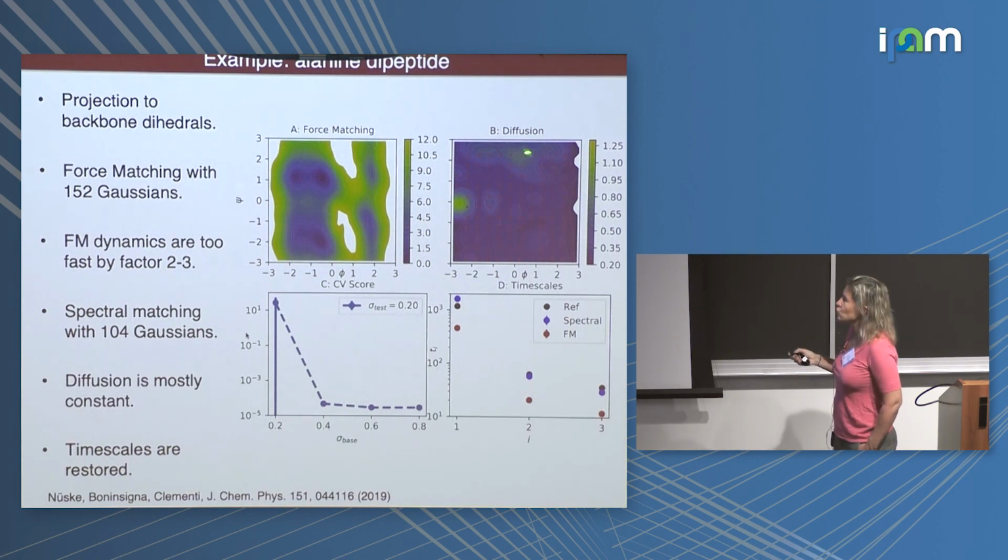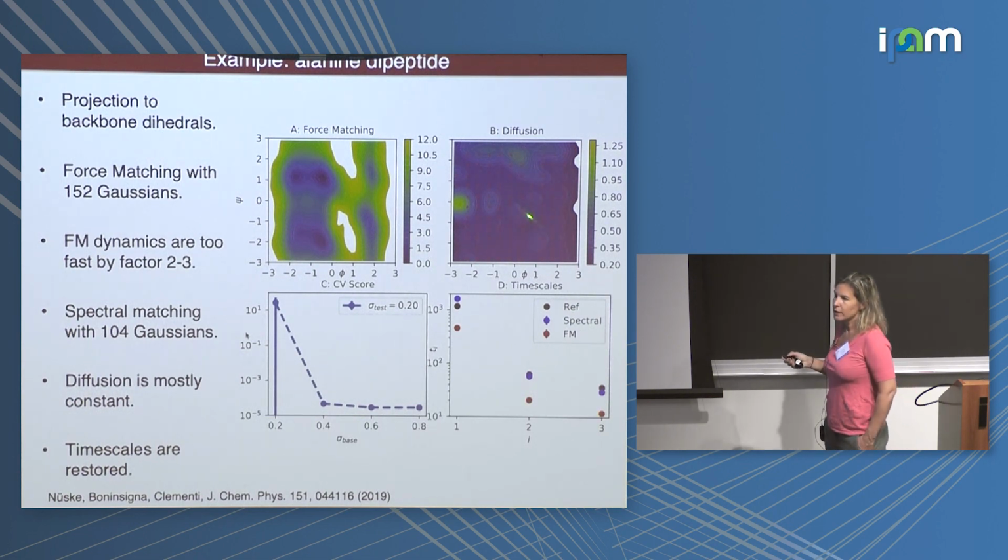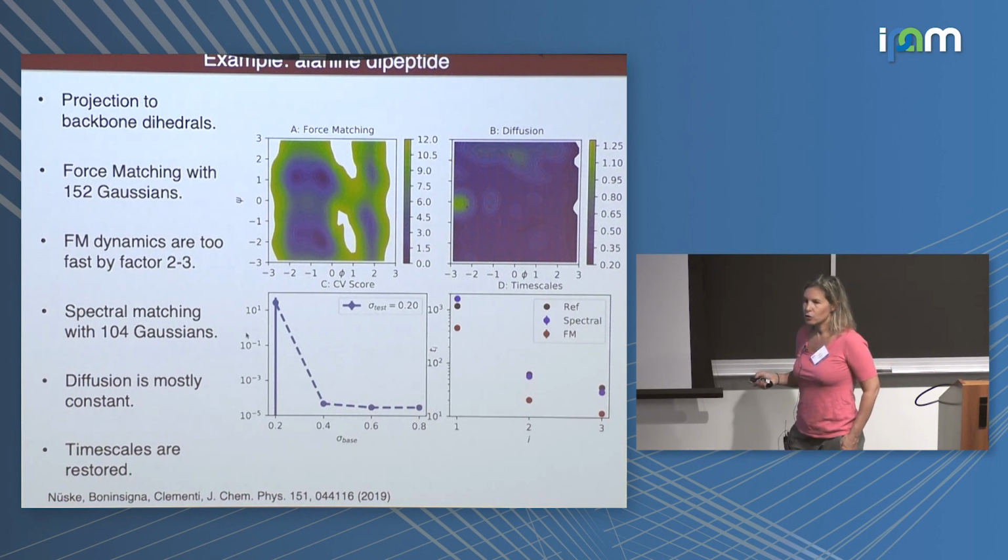And this is the diffusion constant that we obtained with the spectral matching. We combine the two things, so this is the reference, again, the reference time scales are in black. The force matching time scales are in red. And using this corrected diffusion, we can simulate the dynamics of the system, then we can recover the correct time scales. So this is combining spectral matching and force matching.